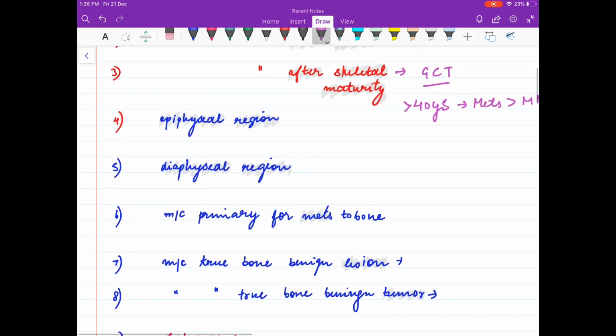Tumors of the epiphyseal region you can remember with the mnemonic ECG, where E stands for epiphyseal region, C for chondroblastoma, and G for giant cell tumor.